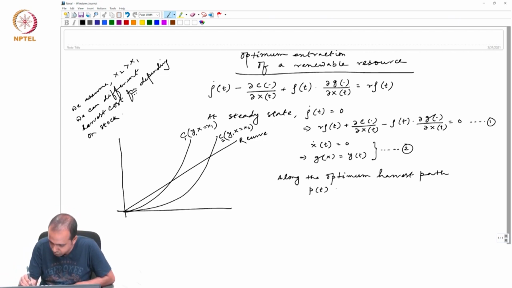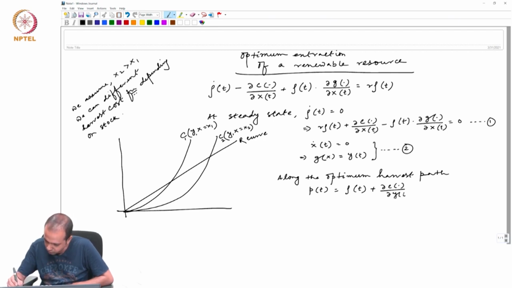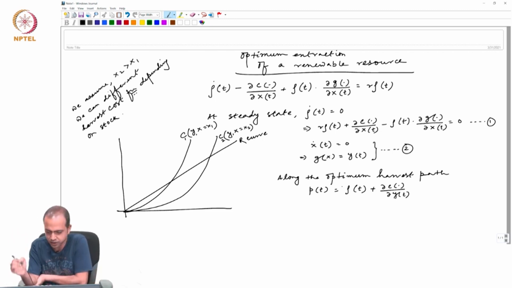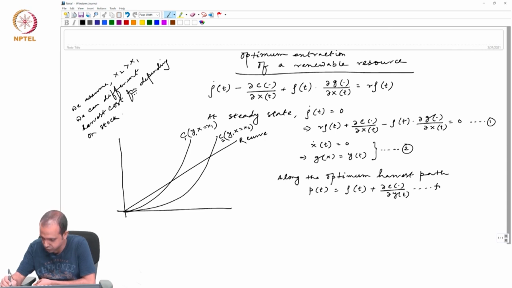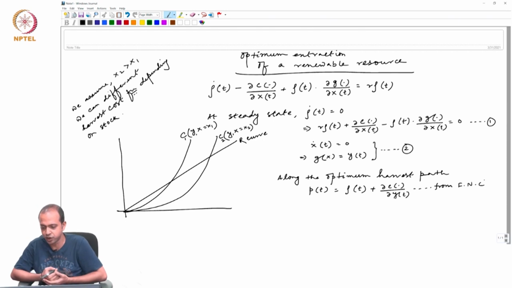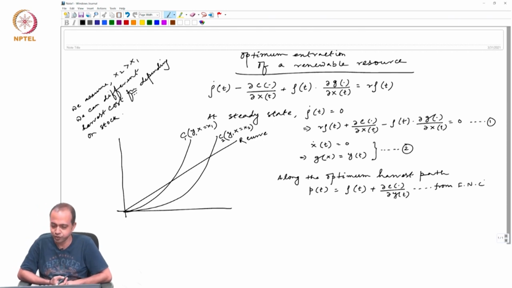Price Pt should be equal to rho t plus del C del Yt. So, price equals marginal cost plus this shadow price. That is derived from the first order necessary condition we derived earlier, that along the optimum harvest path, price should be equal to the cost of extraction plus this shadow price.